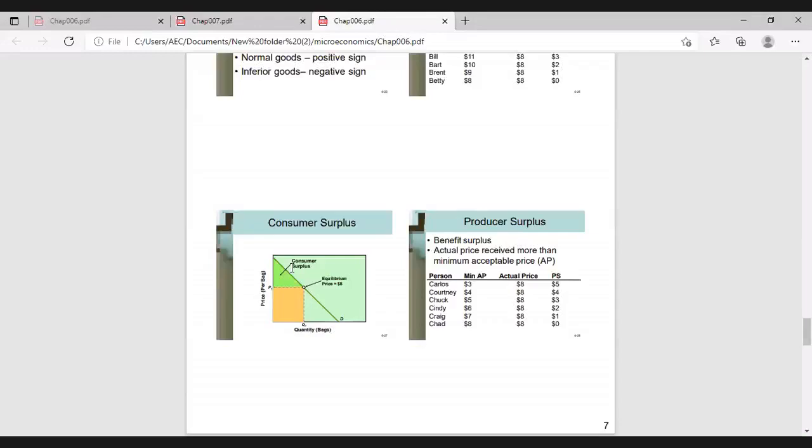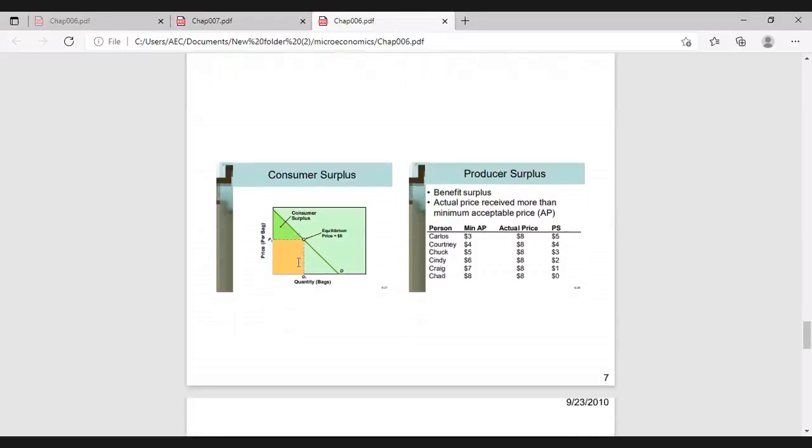For a single seller, or individual firm supply, it is their benefit; if it is market supply, then all sellers collectively get that benefit from selling in the market trading. So the gains from trade, that benefit surplus, is the producer surplus.